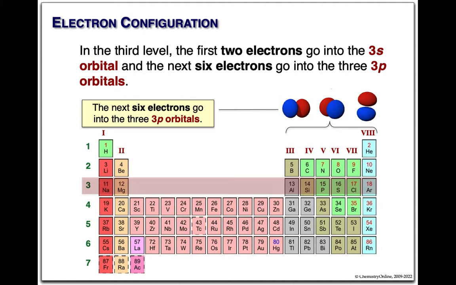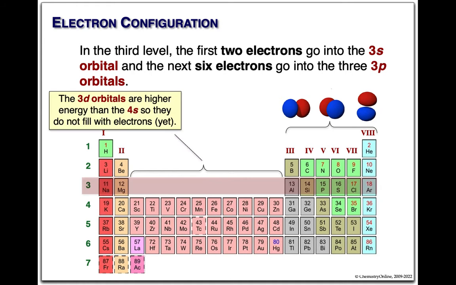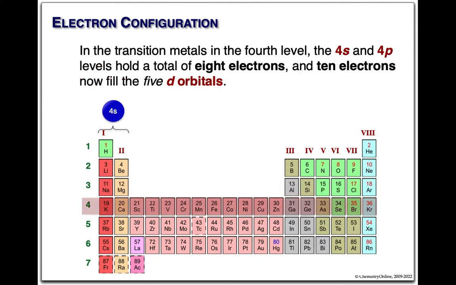What happened to the 5 3d's? Well, again, it just turns out that if you do the energies, the energy of the 3d's is slightly higher than the 4s. So we don't fill the 3d's yet. Instead, we fill the 4s first.